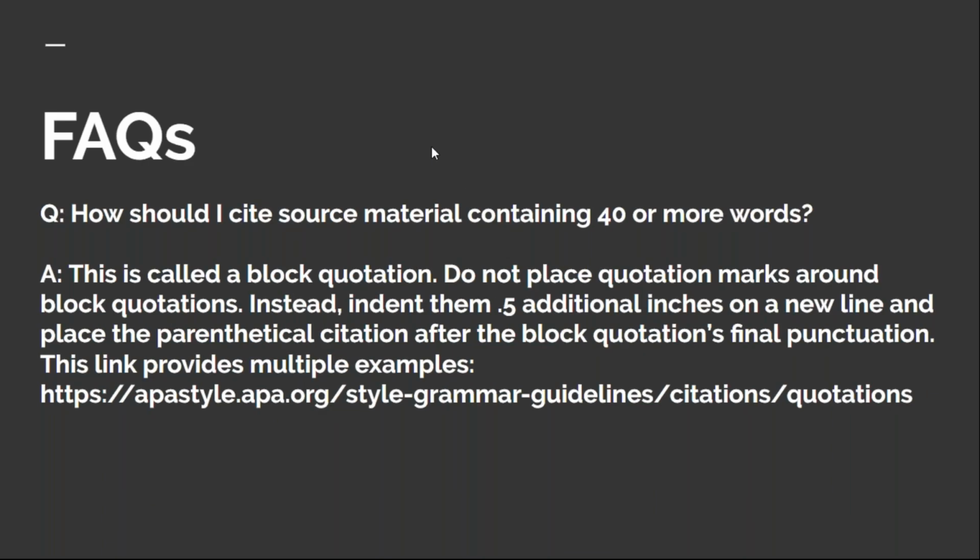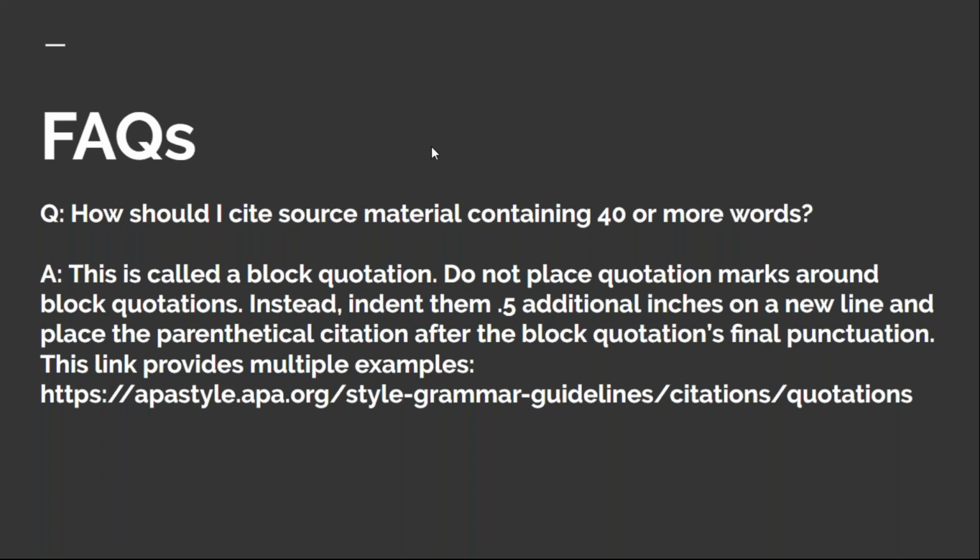How should I cite source material containing 40 or more words? So if I have a really long quotation, how do I handle that? This is called a block quotation. And we don't put quotation marks around those. So we're going to hit enter, indent them an additional half inch.